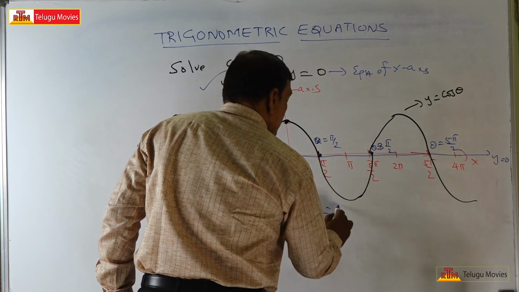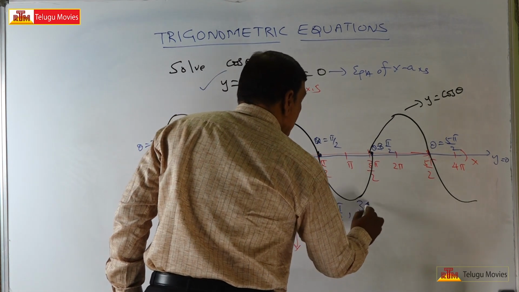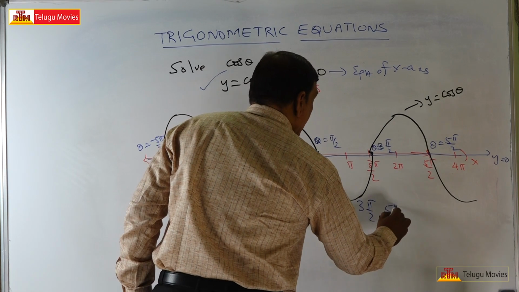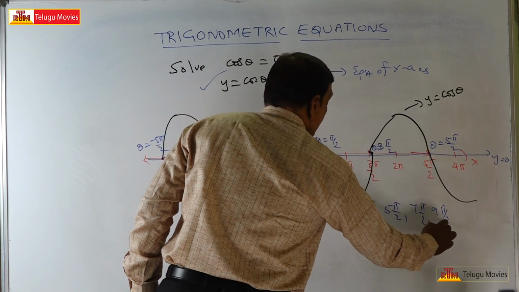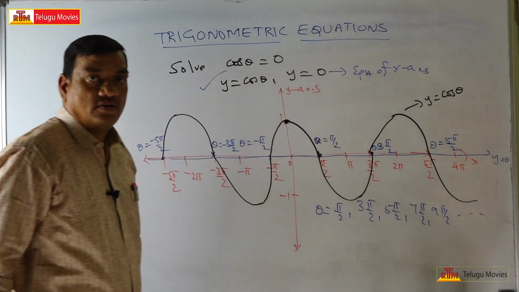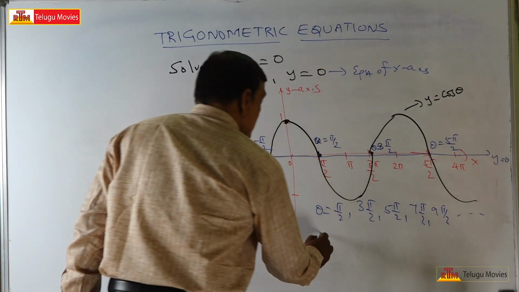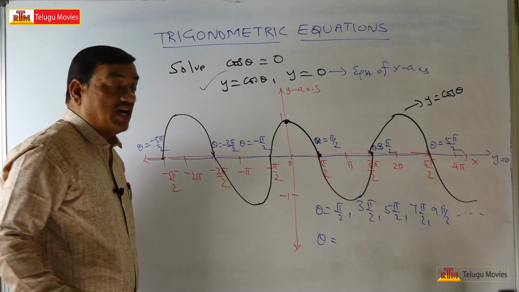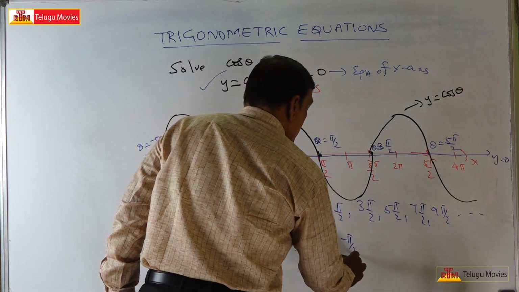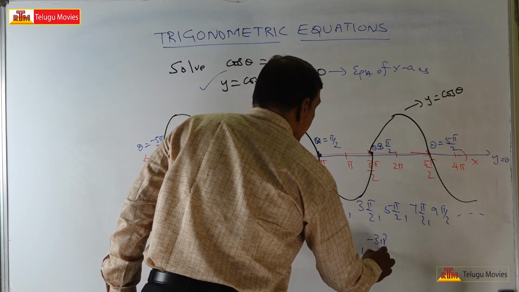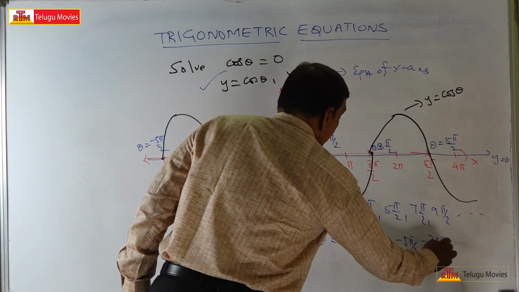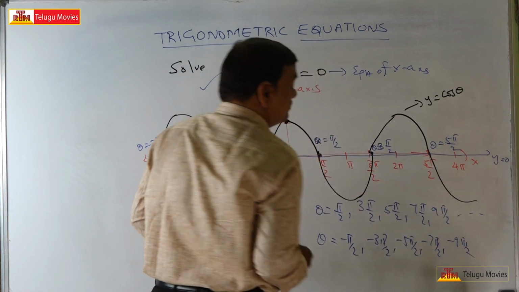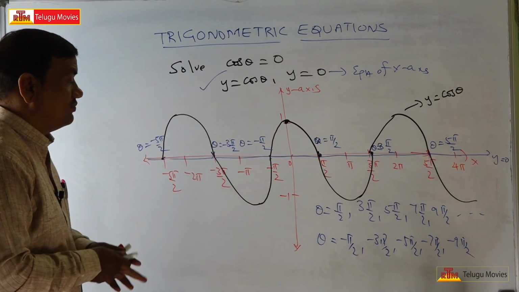Theta is equal to pi by 2, 3 pi by 2, 5 pi by 2, 7 pi by 2, 9 pi by 2, and so on. Again in the negative direction, theta is equal to minus pi by 2, minus 3 pi by 2, minus 5 pi by 2, minus 7 pi by 2, minus 9 pi by 2. It goes on. What do you observe here?